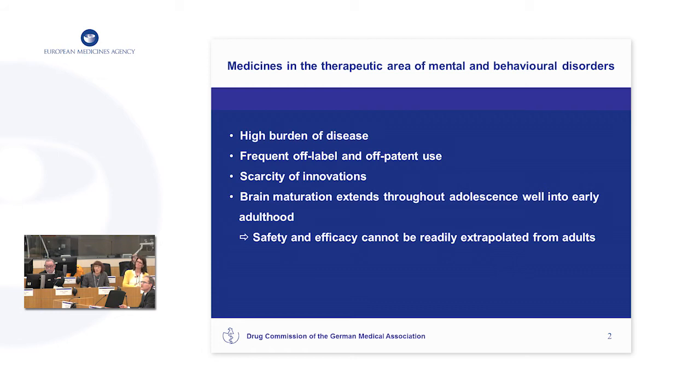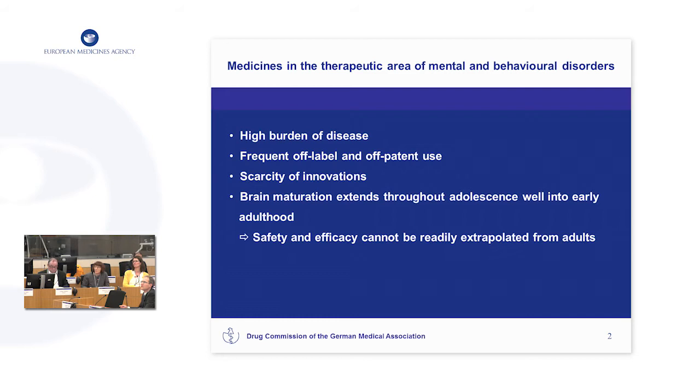And in addition, comorbidity is rather the rule than the exception in the field of mental and behavioral disorders. Thus, we often have to use more than one medication in children, and this rather complicates the problem. And as you probably know, the brain is the most complex organ of the human body, and brain maturation extends well throughout childhood, adolescence into adulthood.